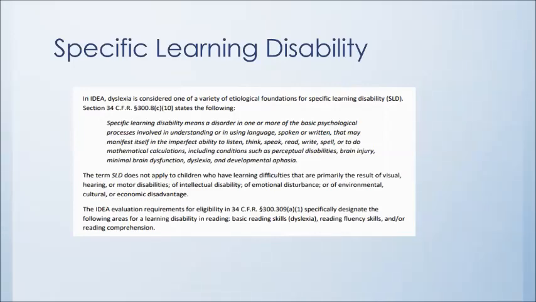IDEA evaluation requirements for eligibility also specifically designate the following areas for a learning disability, which are in basic reading skills, commonly known as where your dyslexia lies, reading fluency skills, and/or reading comprehension.